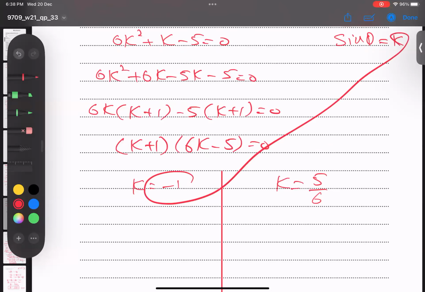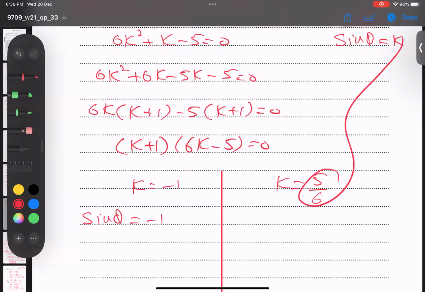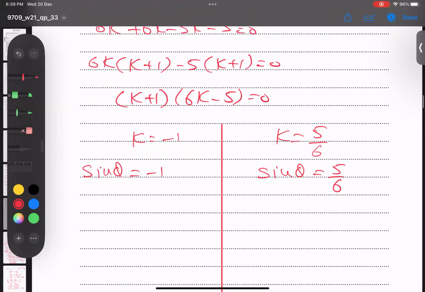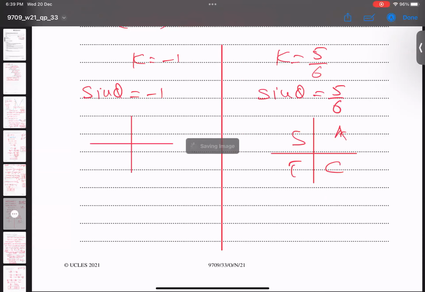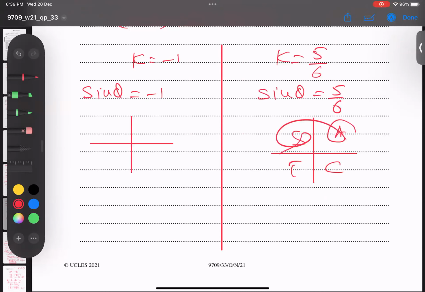Both values I will plug in here. So sine theta is equal to -1. When I plug in the other, it gives me sine theta is equal to 5 over 6. Now, a very important thing is going to come. Normally we take the CAST diagram, C-A-S-T: C for cos, A for all, S for sine, T for tan.